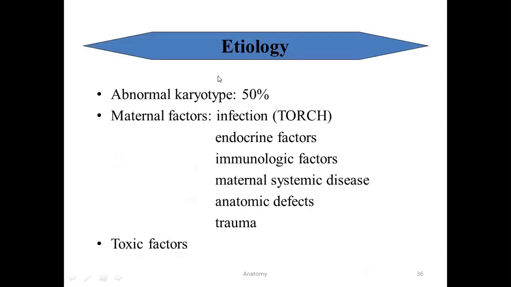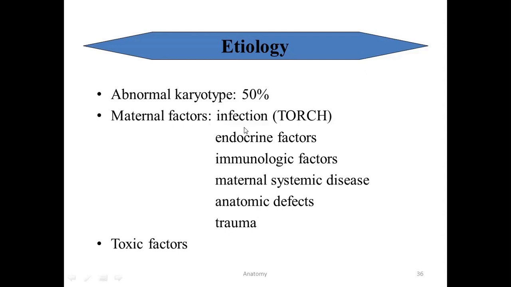What is the reason behind this? Etiology. Etiology means what are the causes behind it? In 50% of cases, there are genetic reasons, so an abnormal karyotype. Karyotype means chromosome analysis is done and there are abnormal chromosome numbers or abnormal chromosomes. So 50% of the causes of MTP, medical termination of pregnancy, are genetic. Apart from that, the remaining 50% we can say are maternal factors.